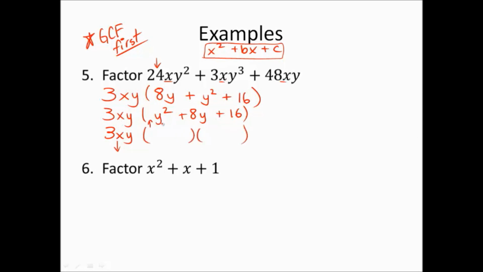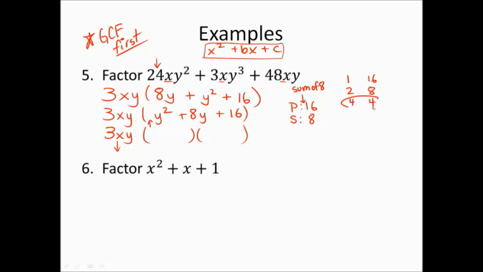And we're trying to factor this. What's our product and what's our sum? Our product is 16 and our sum is positive 8. All the ways to multiply to 16: 1 times 16, 2 times 8, 4 times 4, and that's it. The product is positive, so we're looking for a sum of 8.